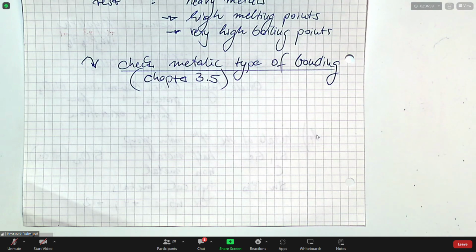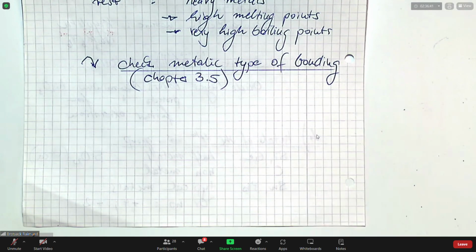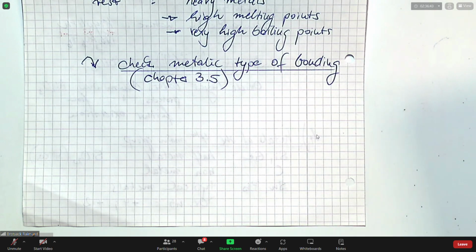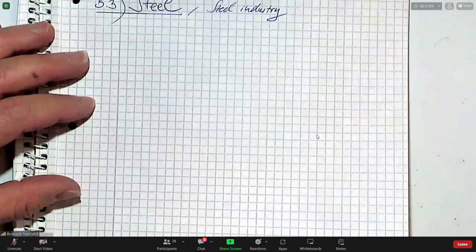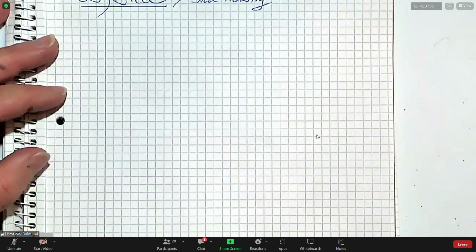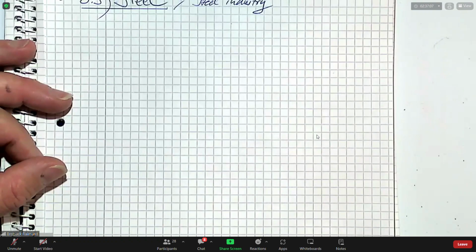So what do you think can we find in nature instead of elementary iron? Well, in nature, mostly we find oxides.